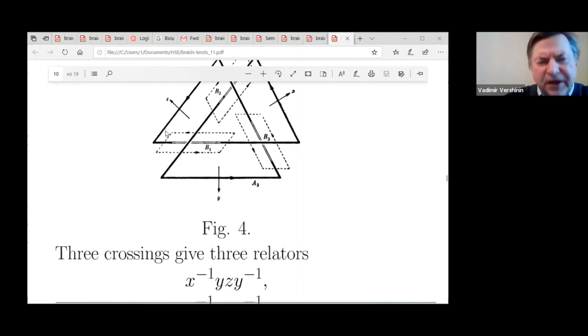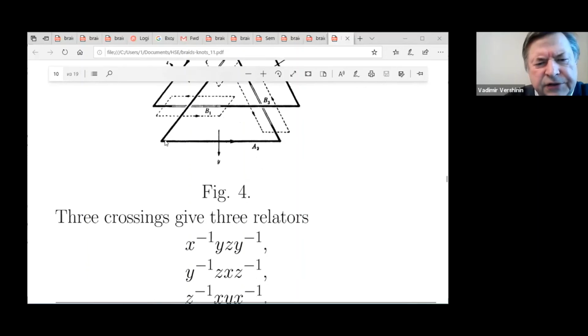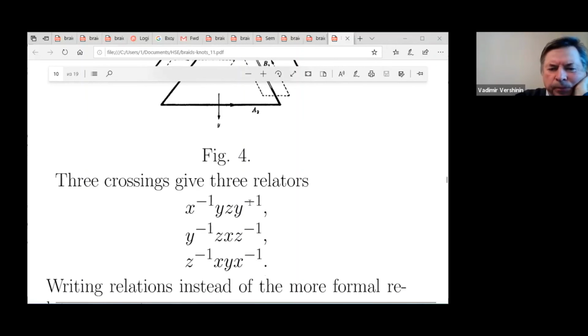Here we have Z. Z enters, so it should be plus. And then Y goes out of the rectangle, so it should be minus 1.